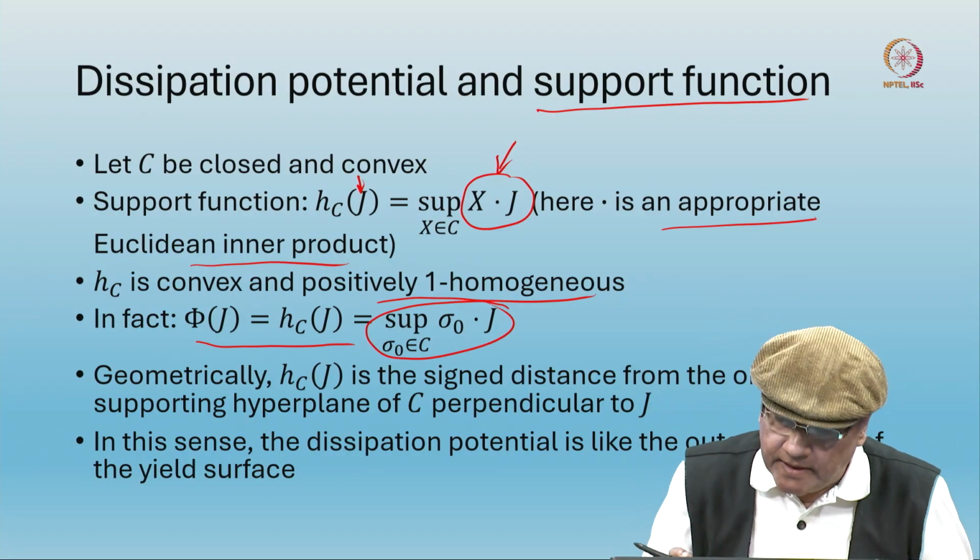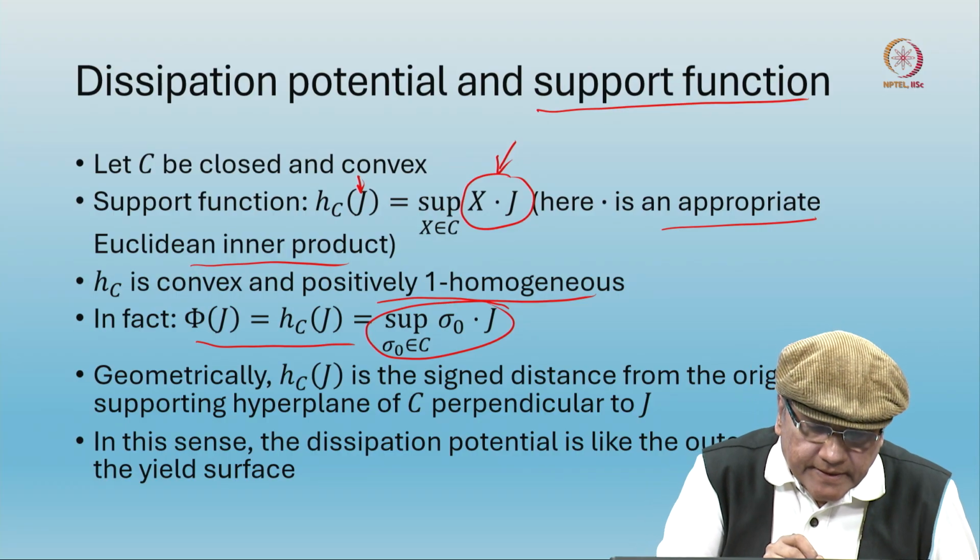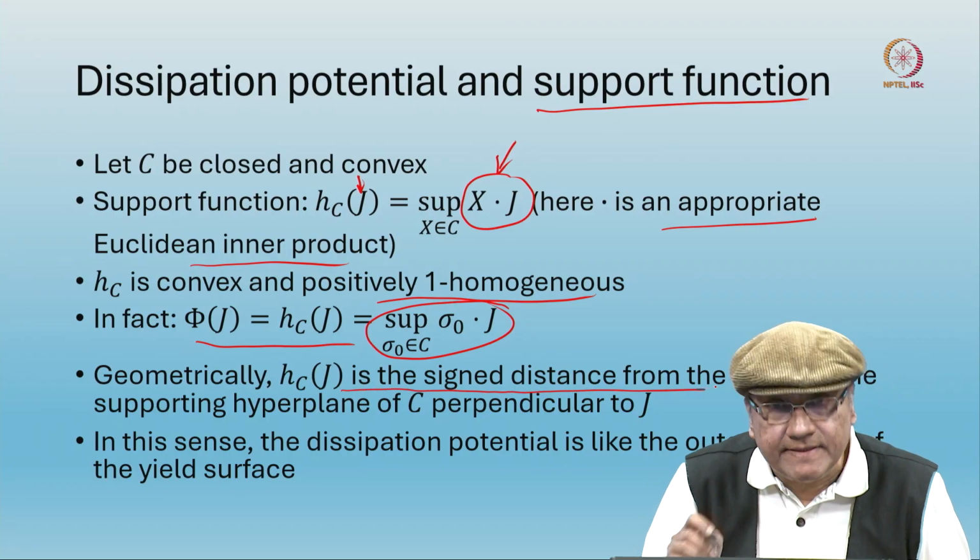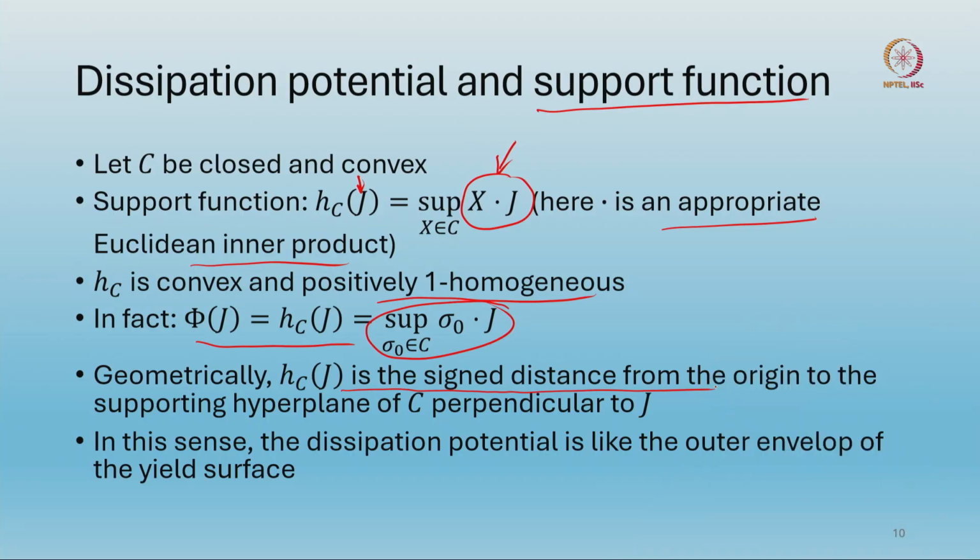Geometrically, what does it mean? Let us take a look. H_C(J) is the signed distance from the origin of the stress space, that is zero stress basically, to the supporting hyperplane of C. Supporting hyperplane, you remember. So if this is the set C, this is my origin, and suppose J is acting this way.